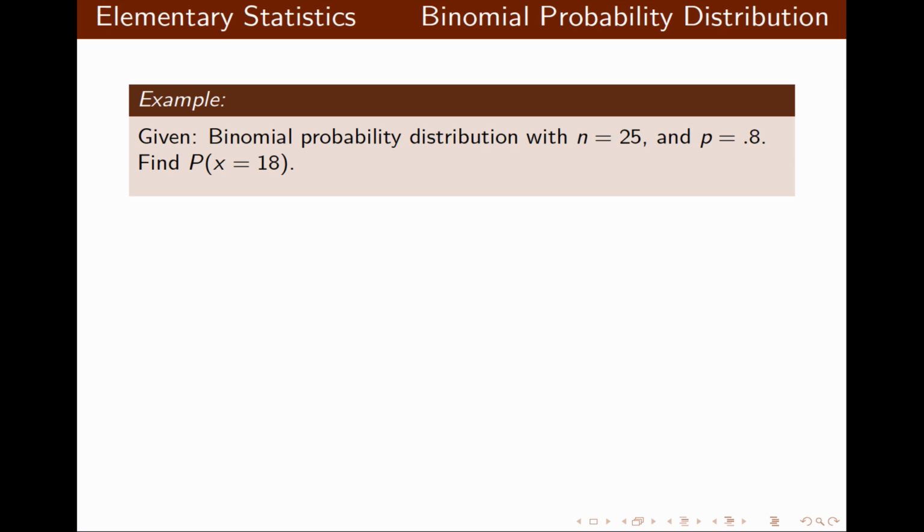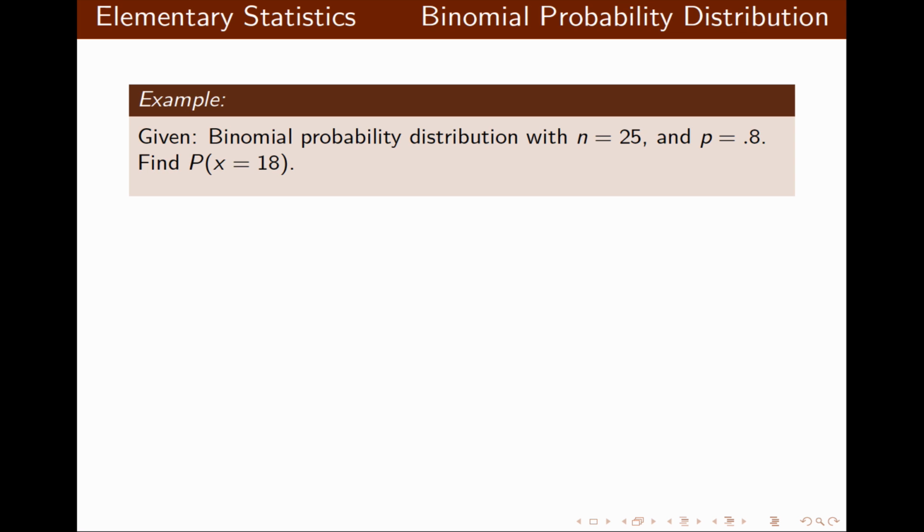Let's look at some examples. We're given a binomial probability distribution with n equal to 25, p equal to 0.8, and we want to know what is the probability when x is equal to 18.